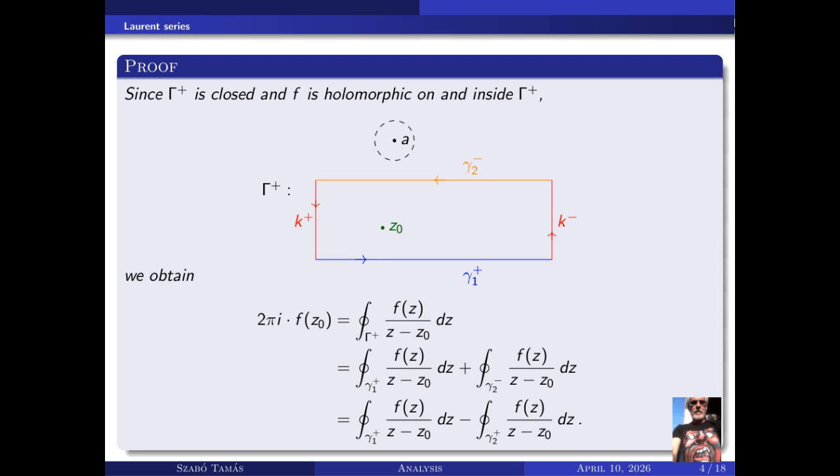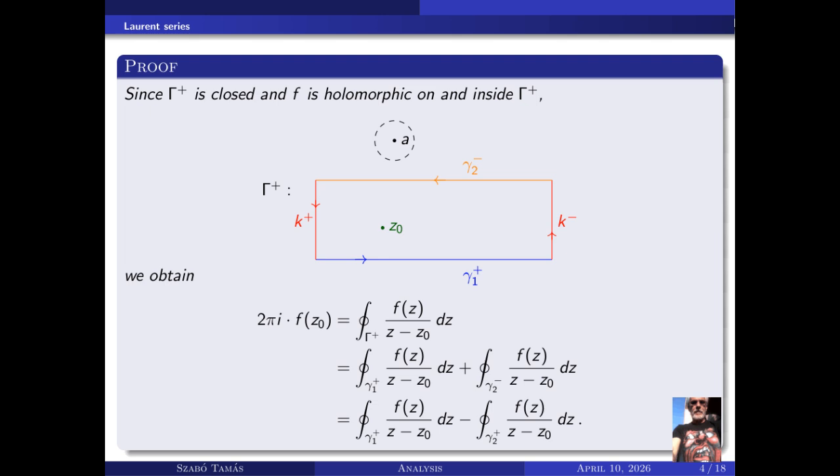Splitting this contour, we obtain 2 pi i times f of z0 equals the contour integral over gamma 1 plus of f of z over z minus z0 dz plus the contour integral over gamma 2 minus of f of z over z minus z0 dz.